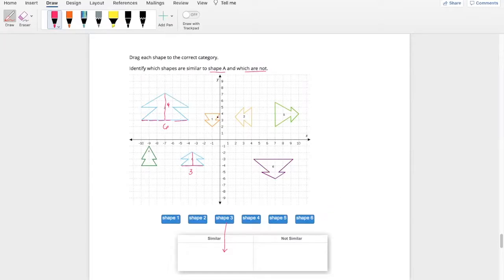I can do another one with you here, like this one. Let's go to this 5. So that'd be 5. And 1, 2, 3.